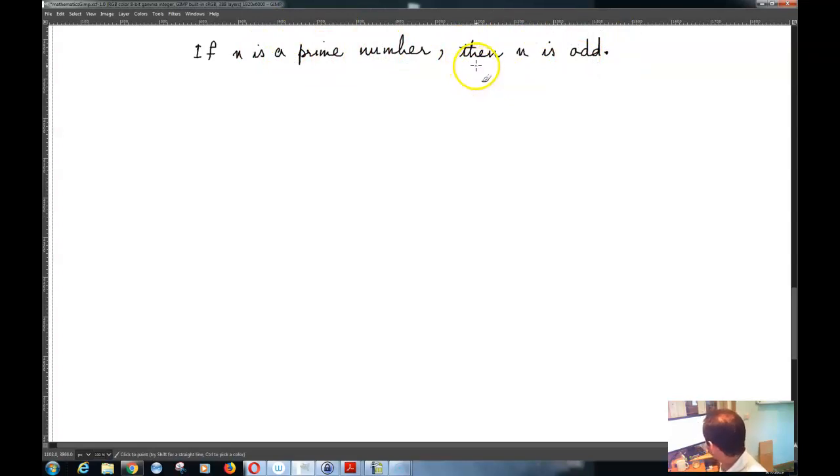But now to write the contrapositive of this statement, what you can say is that if you take this as p, you can take it as x is a prime number.